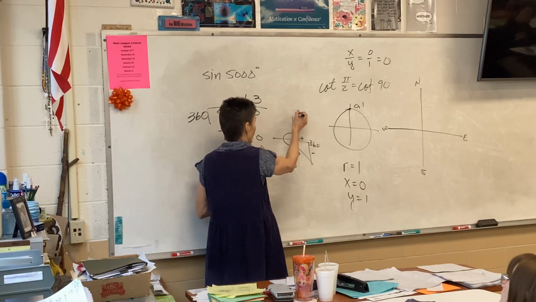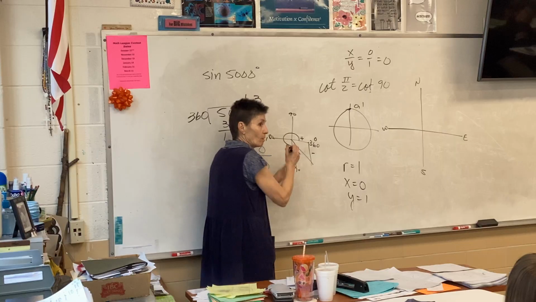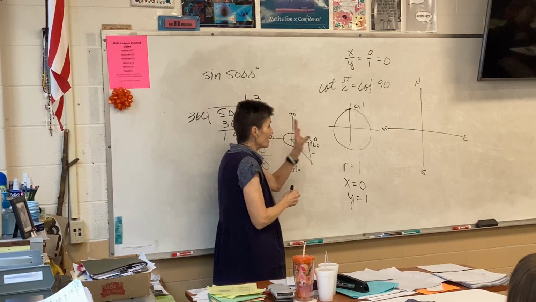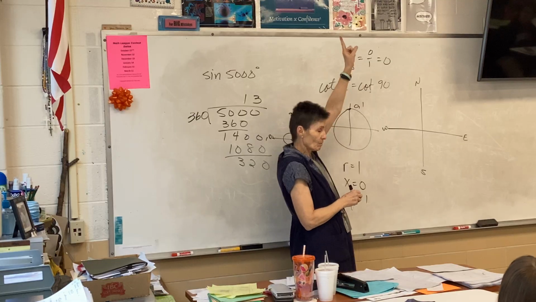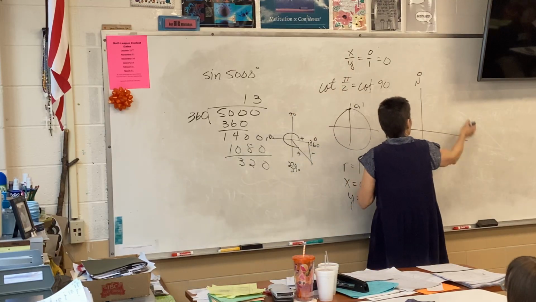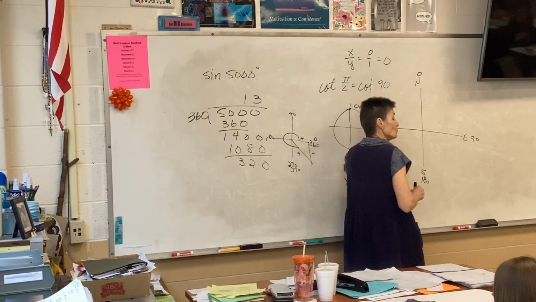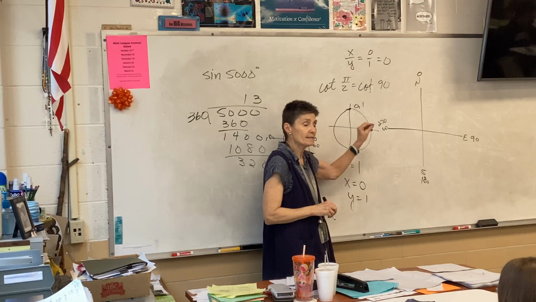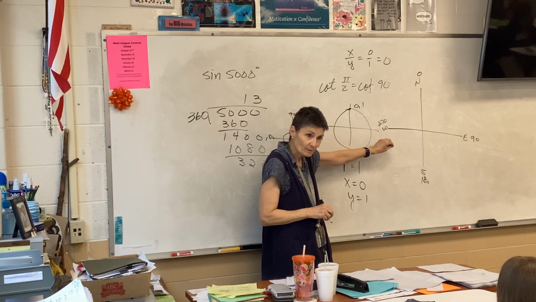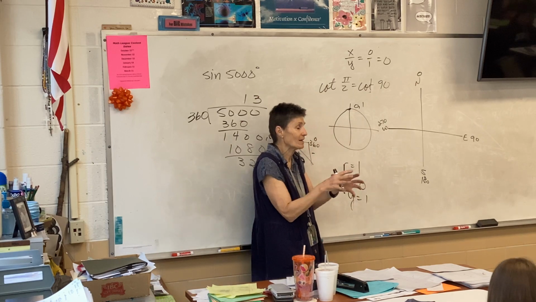This is my normal: 0, 90, 180, 270. If I'm using a compass, how is it labeled? 0 up here, 90, 180, 270. Do not get confused. The only time you do that is when it is a course, a compass, a direction.